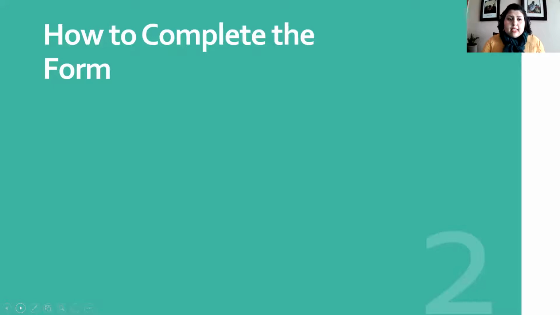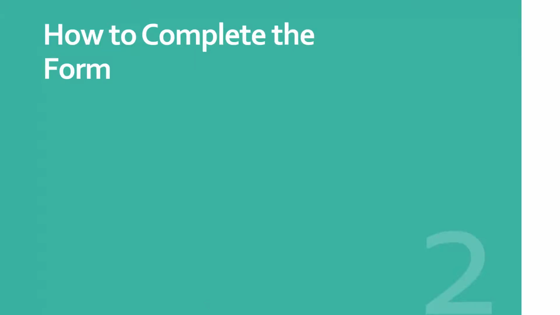Okay, so now let's go into how to actually complete the form. For this part, I am going to turn off my camera so you could see the whole entire screen, because I've taken the different sections in the form and made them large, so that way you could see where specifically I am in the form.